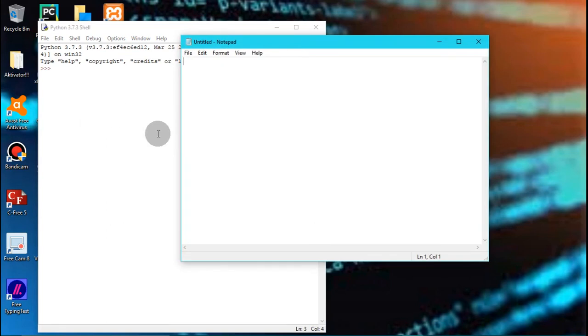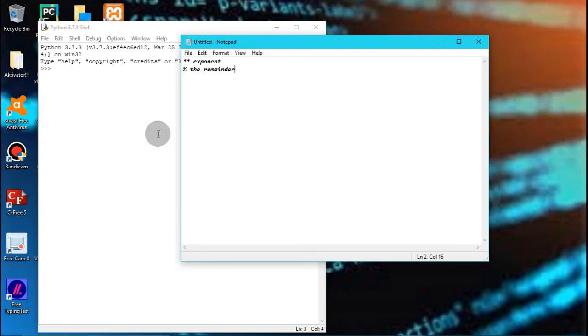Firstly we have the exponent, the double asterisk, and we have the modulus, or the remainder, which is used to show the remainder of a division.